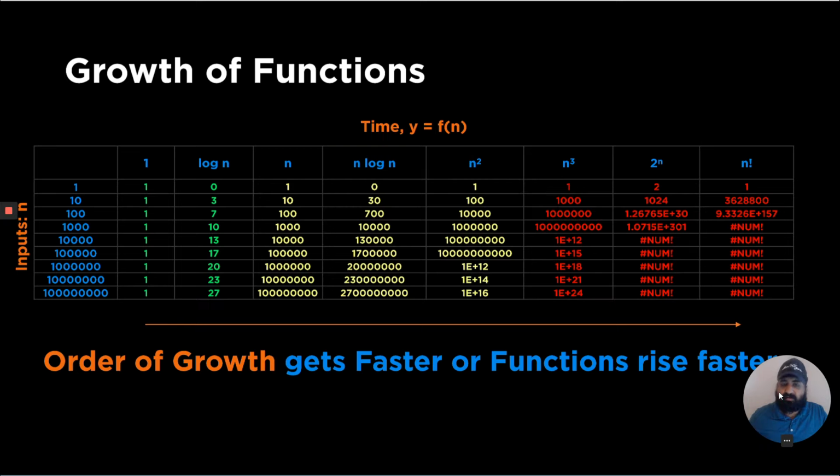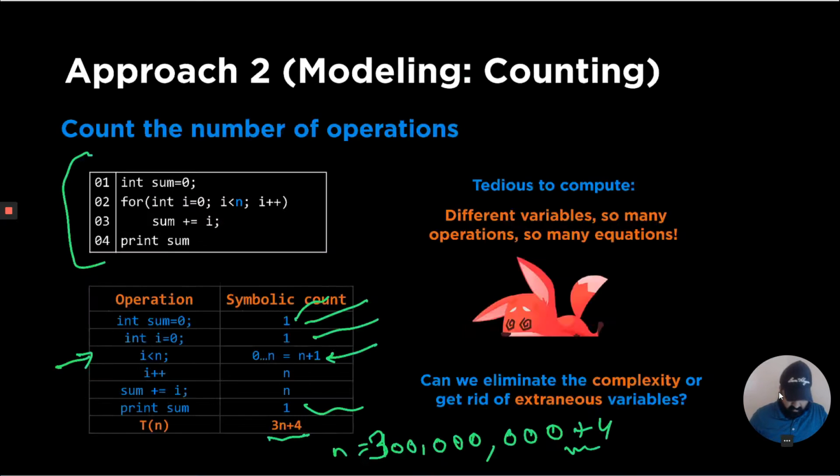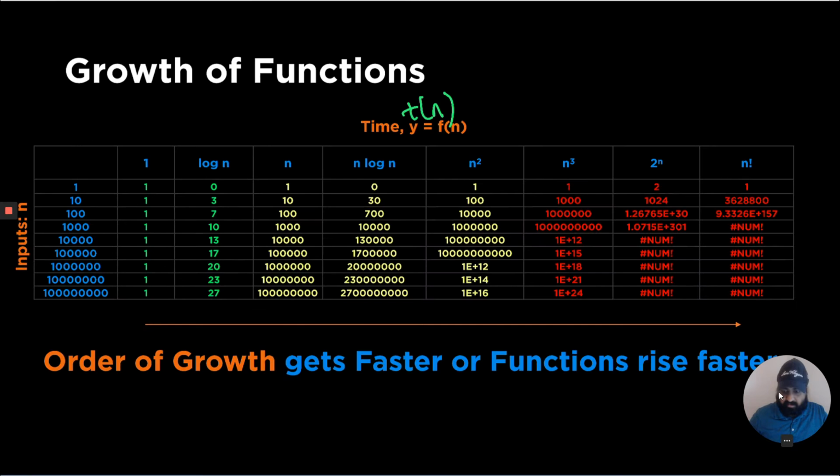To visualize why this can be a possible alternative, I have a list of functions where y, which is actually just T of n, borrowed from here, is plotted for different functions on the first row of this header.